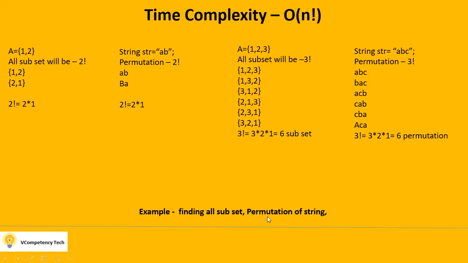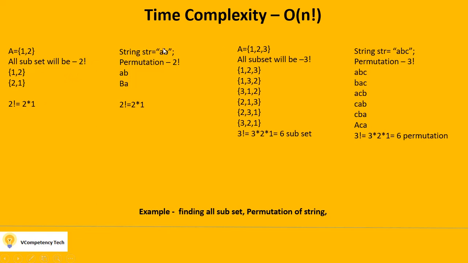Similarly with permutations of a string, here AB, we can write AB and BA, similar to factorial. Here ABC, 6 times, equal to factorial 3. So if here the number of elements is n, the subsets will be factorial n.